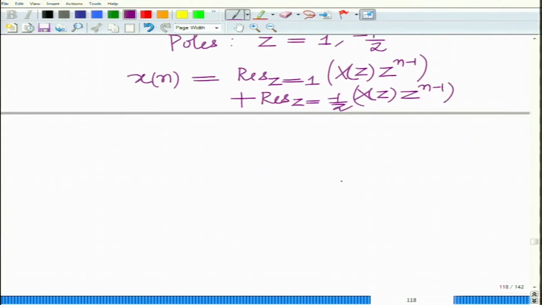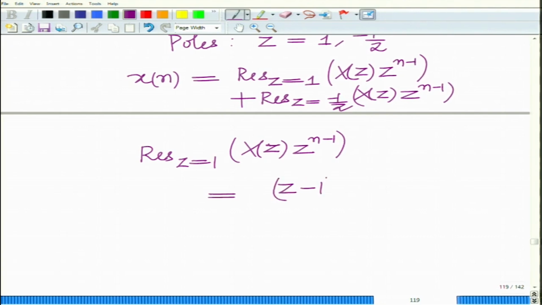Now, the residue at z equal to 1 is basically (z minus 1) into X(z) into z raised to n minus 1 evaluated at z equal to 1.